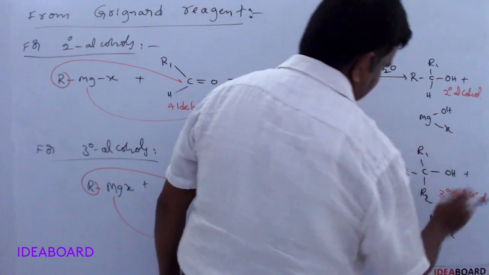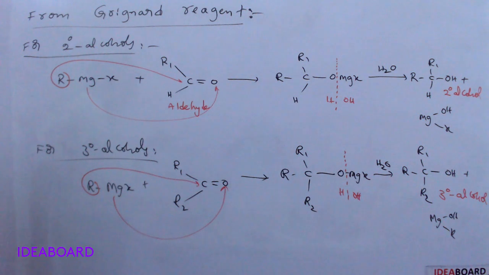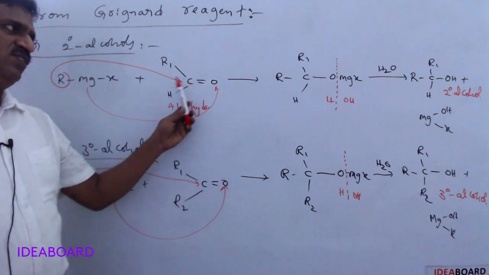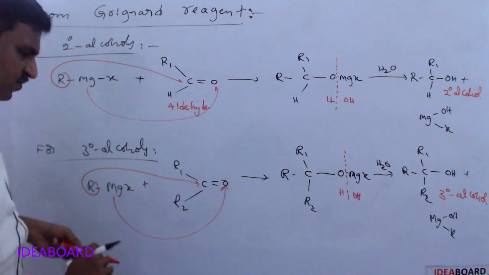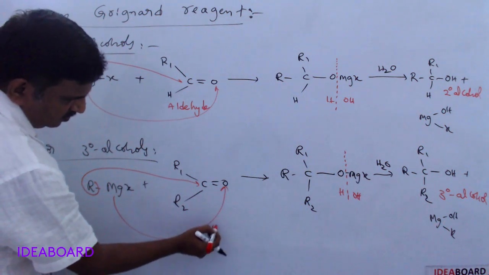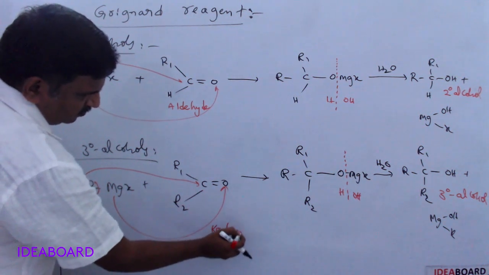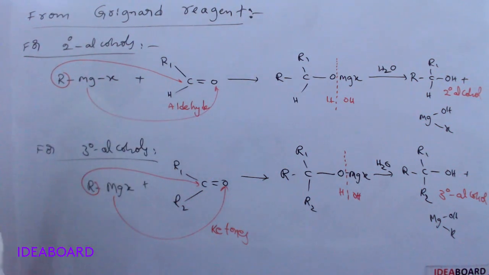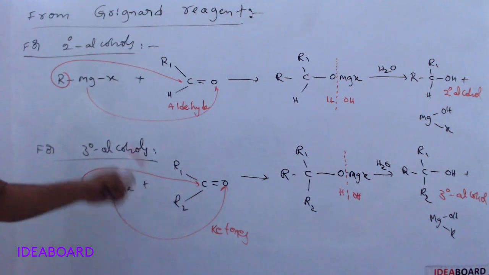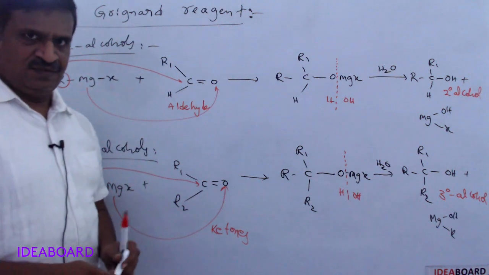So it is called as tertiary alcohol. So only formaldehyde gives primary alcohols, other aldehydes give secondary alcohols. And ketones, here if you are taking ketone, this is a ketone. If ketones are reacting, then they give tertiary alcohols.